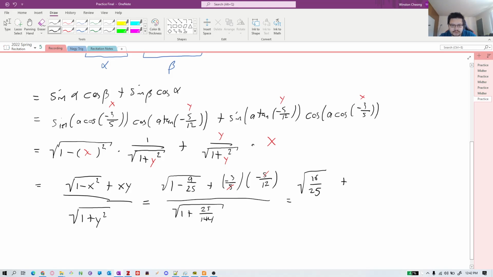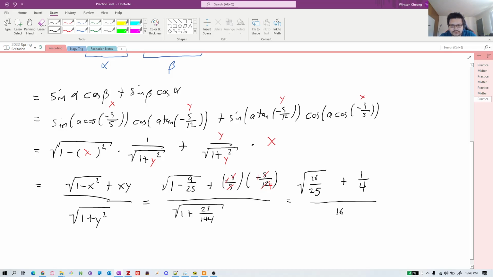So we have plus, and then 3 and 12. I should have seen that. This will cancel, will give me a 4, and then the negatives will cancel as well. So we end up with a lot of cancellation. We end up with 1 over 4. And then in the denominator, okay, 144 plus 25 is 169.